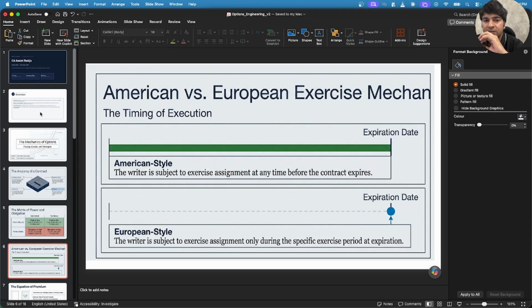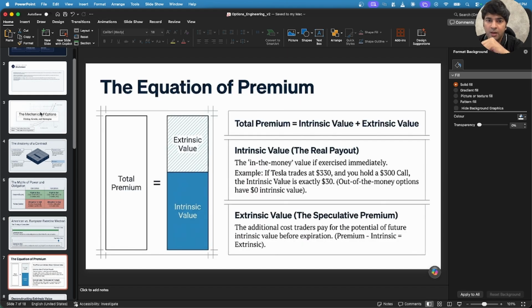As I mentioned, India follows European style, so you need not worry about the difference between American and European style. That is why we have PE and CE, where the E stands for European.